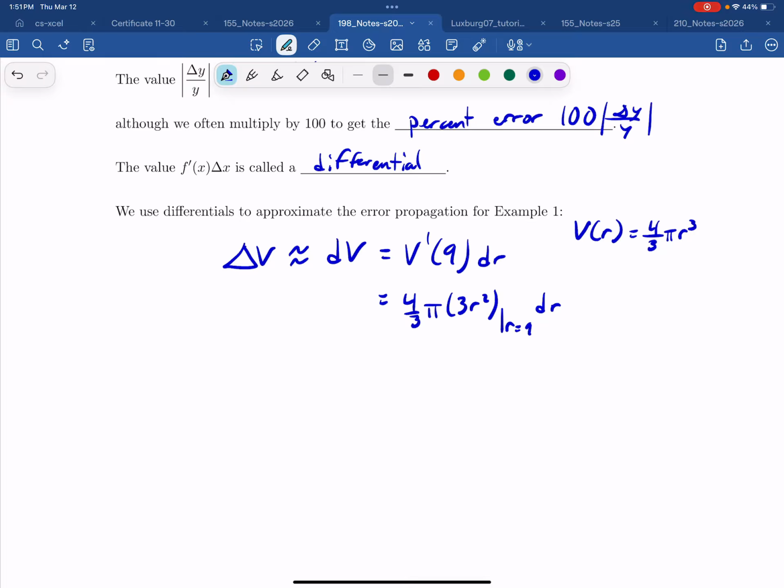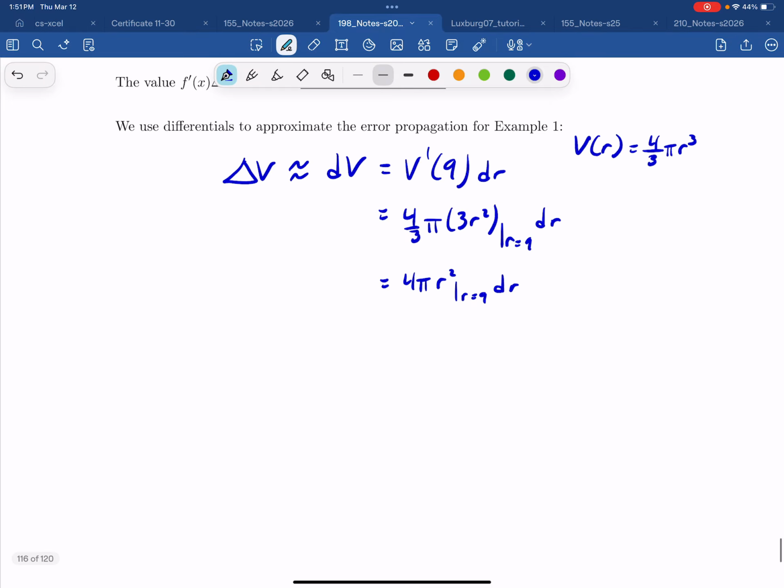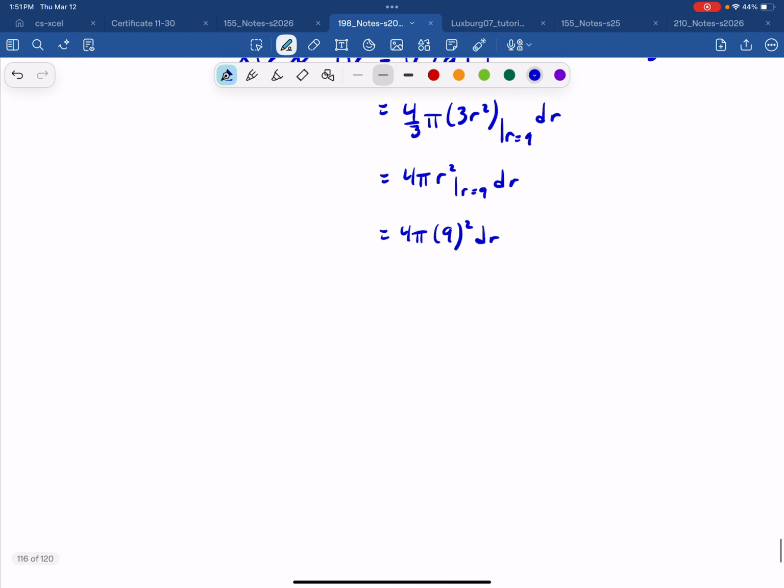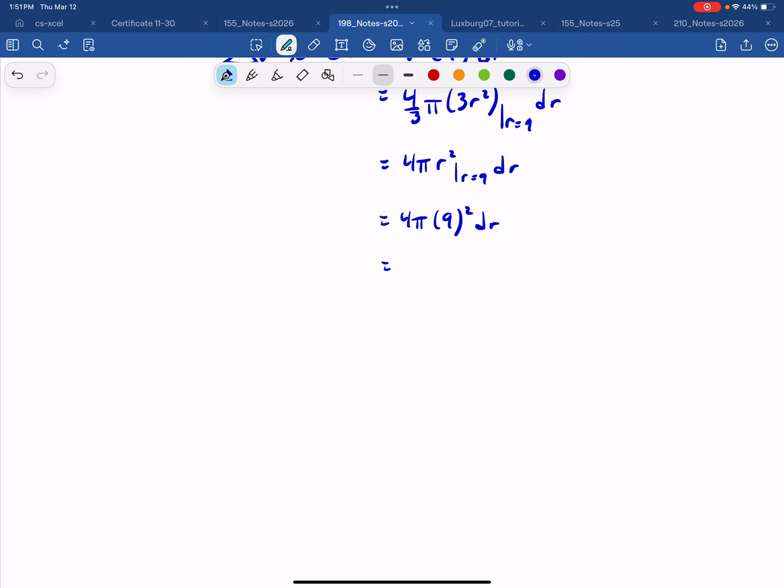Okay? And then this is going to simplify nicely to give us 4 pi r squared, again plug in 9, dr. And then this simplifies to 4 pi times 9 squared dr. And when you just work it out, 4 pi times 81, 4 times 80 is 320, so 4 times 81 is 324 pi.